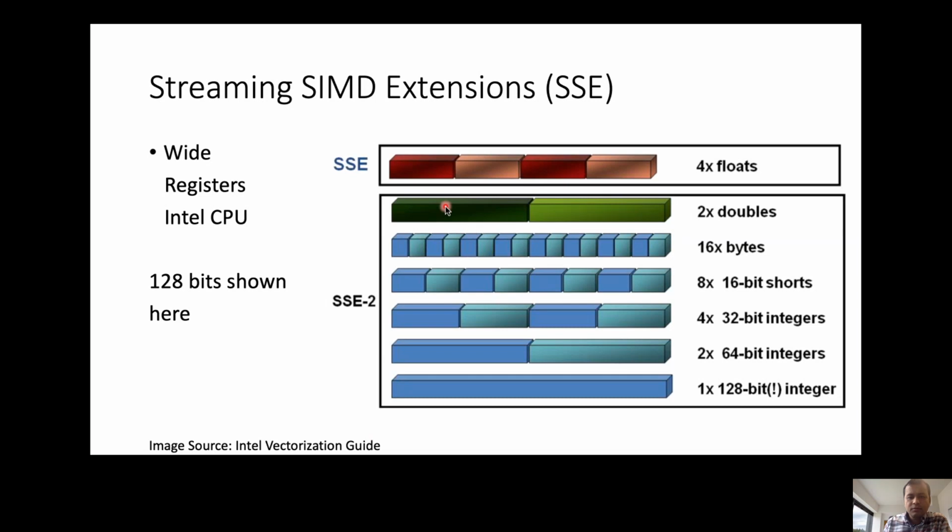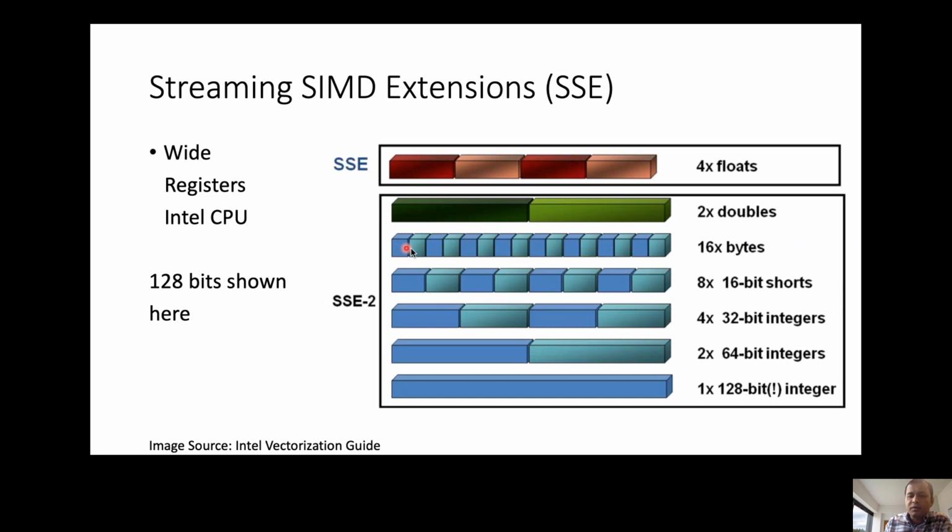And in SSE2, it basically shows that 128 bits can be used to pack different numbers of basic data types. So in the 128 bits that is available in this cube, you can store 2 double precision floating point numbers. If you just have to store bytes, then you can store 16 bytes.